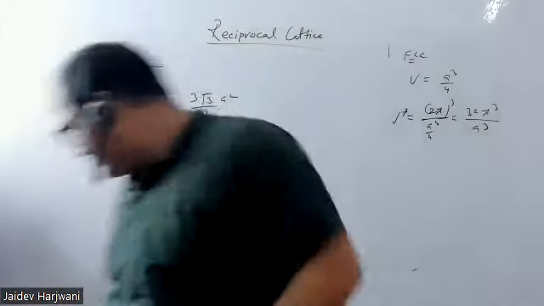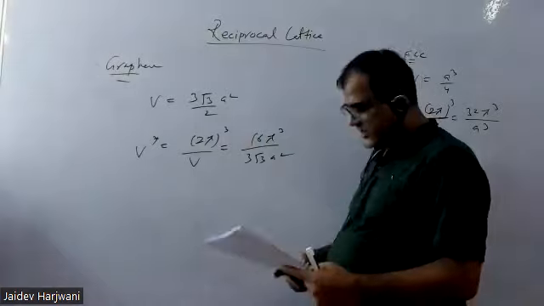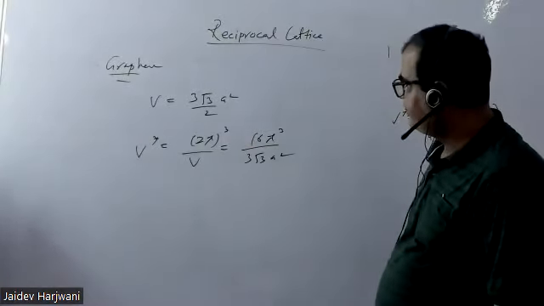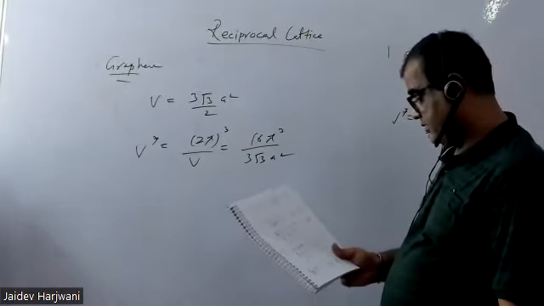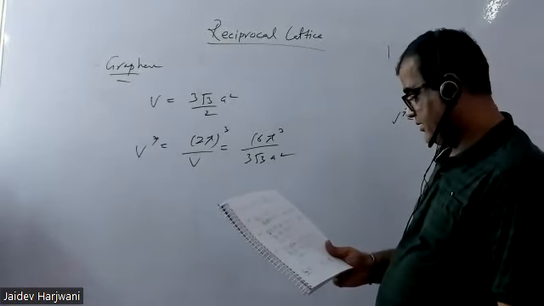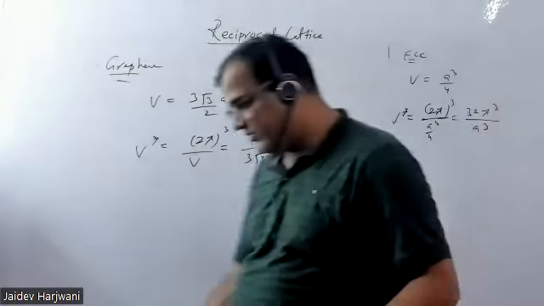So if you are saying that instead of (2π)³, I should put (2π)² here, right? So just check it. Just give me 1 minute.